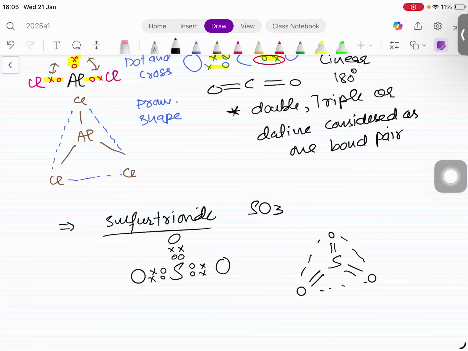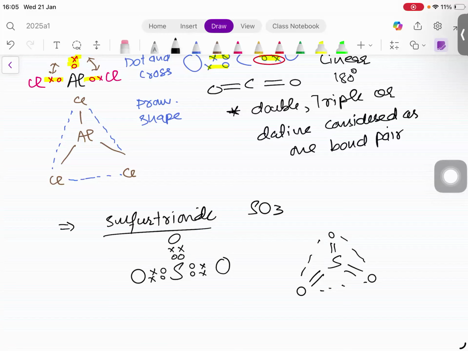Now my next question, look at this. If I remove this atom, now listen carefully. Let's say it was sulfur trioxide: one oxygen, one oxygen, one oxygen. Now I removed this oxygen.